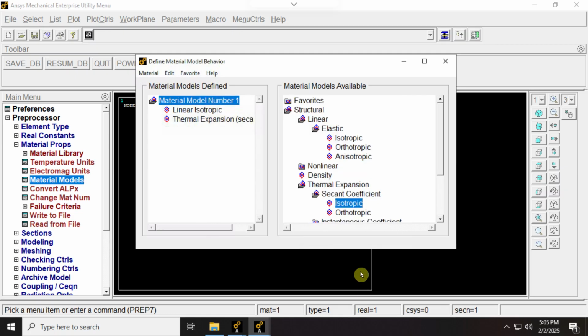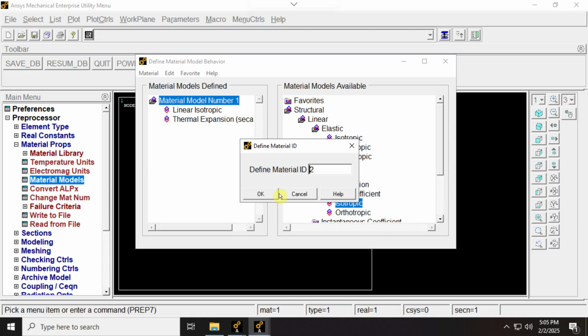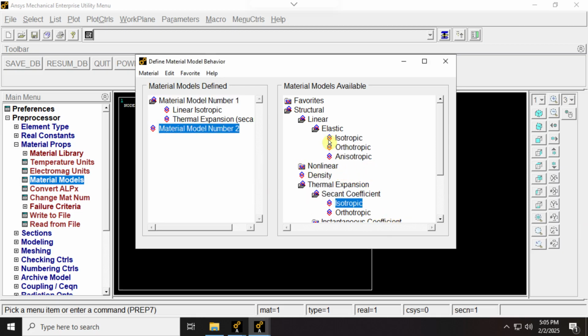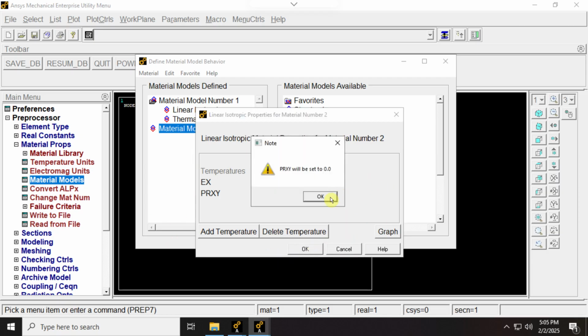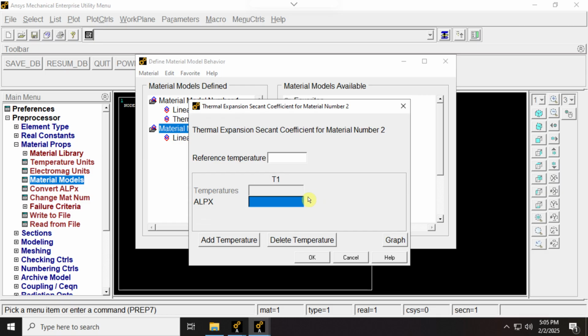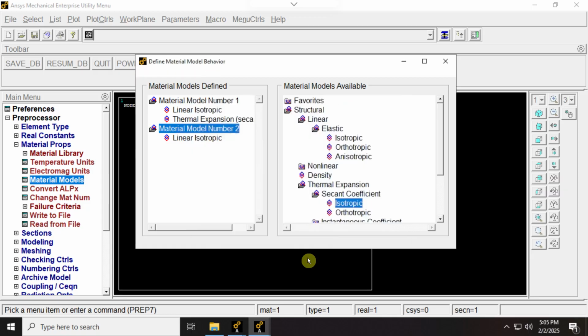So I define that. Then I'm going to go to material number 2, which is my aluminum. The modulus of elasticity is 10.4E6, and the thermal expansion coefficient is 13.3. It's like 2 times what we have for steel. Alright, so we define those and now close it.